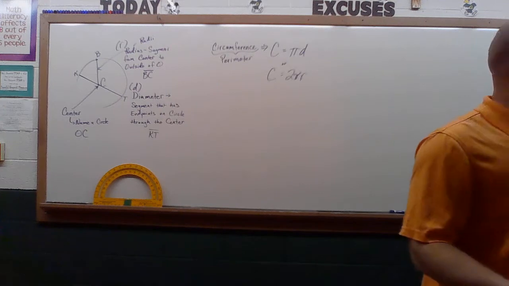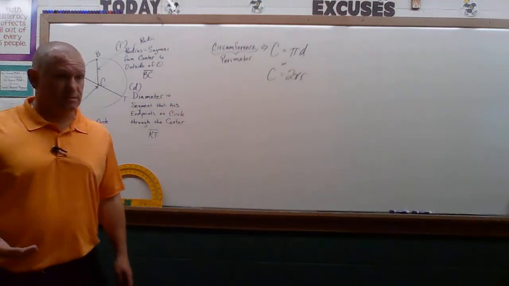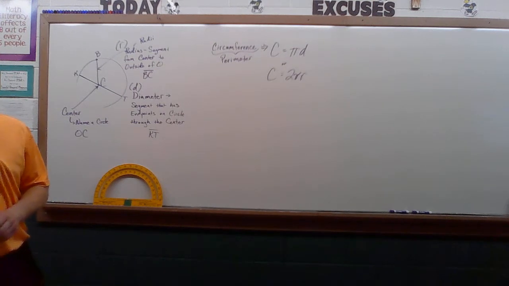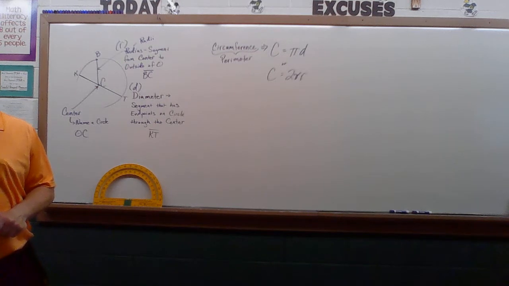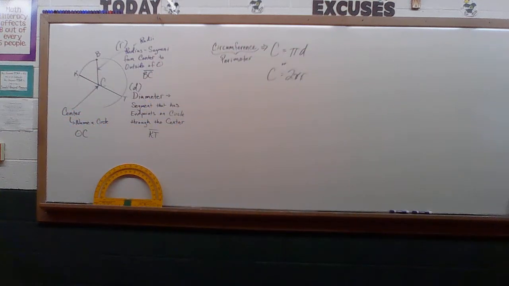But again, make sure you know how your calculator works. Will it tell us what to round to? Yes, it'll tell you what to round to. So what do we come up with in this one, if we round to one decimal place? 37.7. 37.7 what? Inches, right? Because it was a diameter of 12 inches.